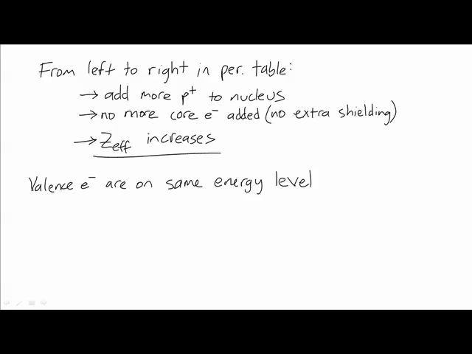It turns out their distance actually gets a little shorter. They do get pulled in closer to the nucleus. But same energy level means distance doesn't drastically change. Or it definitely doesn't get any bigger.